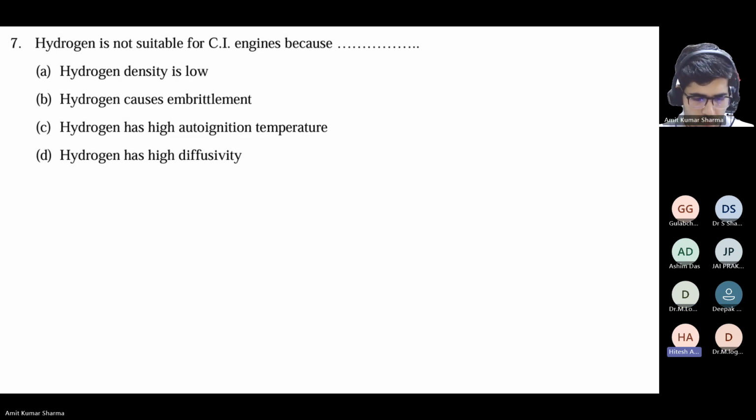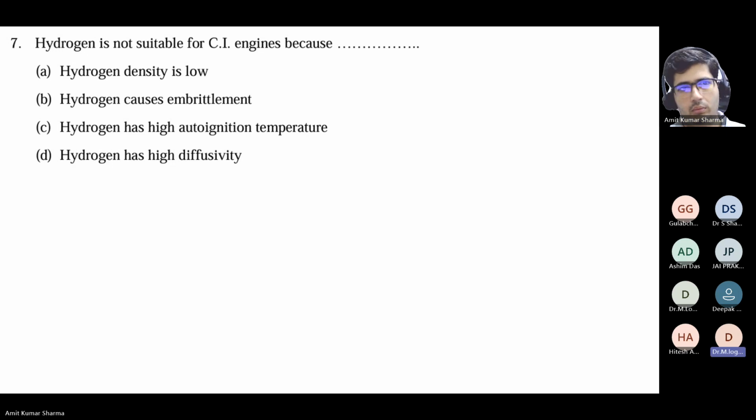Hydrogen's autoignition temperature is more than 500. Actually, hydrogen's autoignition temperature is high, and in a compression ignition engine we have to compress, so we cannot achieve this temperature.